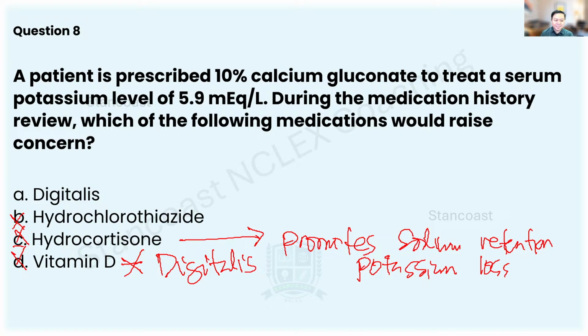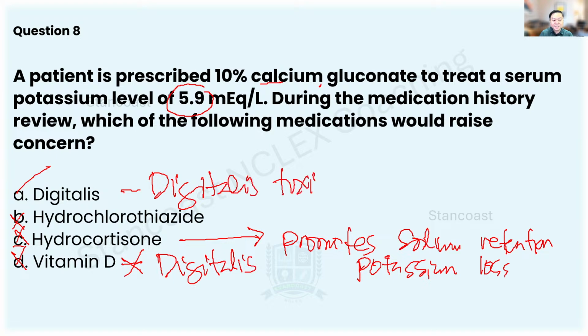It doesn't. However, if your patient is taking digitalis, and if they are taking calcium gluconate, if there is a possible administration of calcium gluconate because they're having a hyperkalemia, then this can lead to dig toxicity.